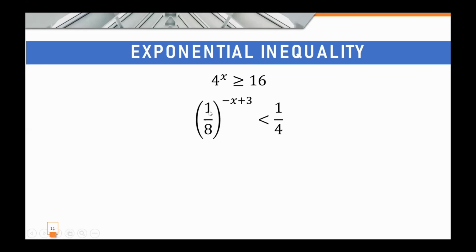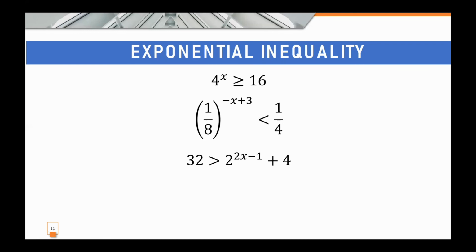Another, we have 1 over 8 raised to the power of the quantity negative x plus 3 less than 1/4. The expression here is 1/8 raised to the quantity negative x plus 3. 1/8 is greater than 0. There is only one variable, which is x, and the inequality symbol is less than.